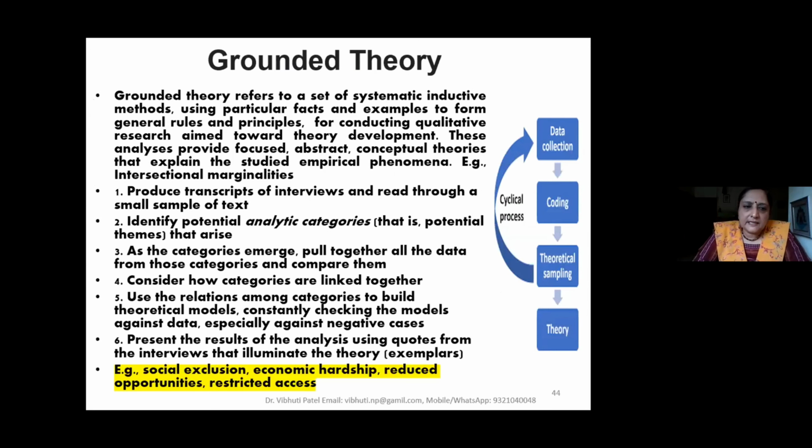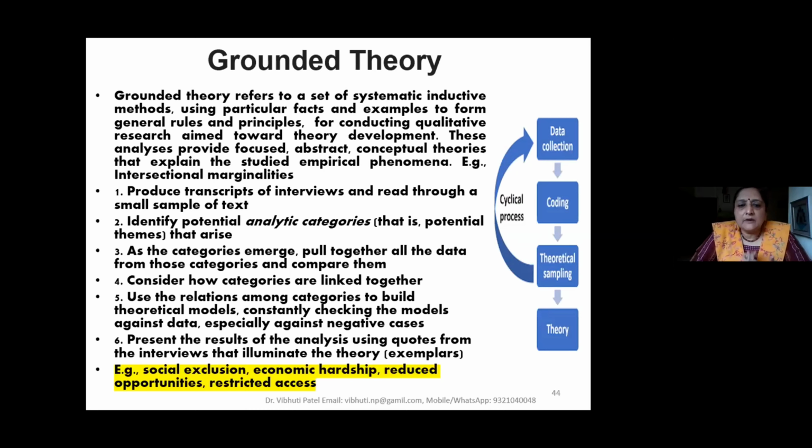The grounded theory, as I told you, is based on ground reality, and currently a lot of studies are happening with the perspective of grounded theory. So first you do the data collection, then you do the coding of your data, then you come up with theoretical sampling, and you build the theory.